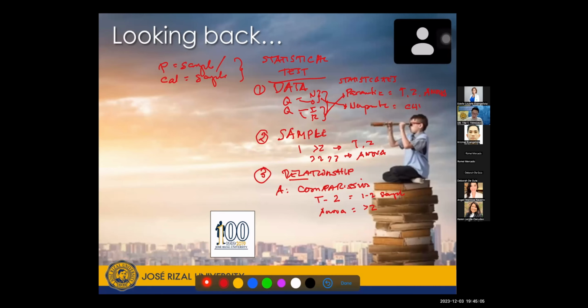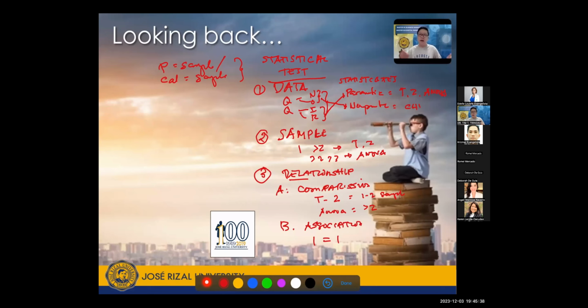And the other type of relationship that you'd like to study is the correlation, the association. You are not trying to compare, but you are trying to show if one has an association with the other group. For example, if we increase the temperature, will your sales of cold drinks also increase?